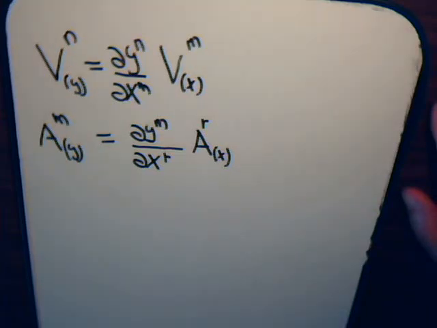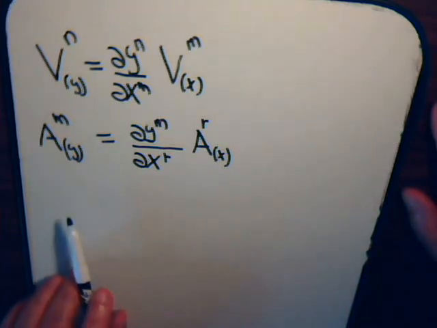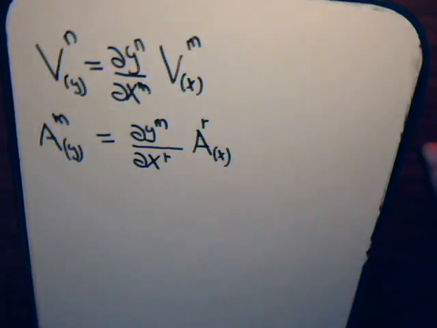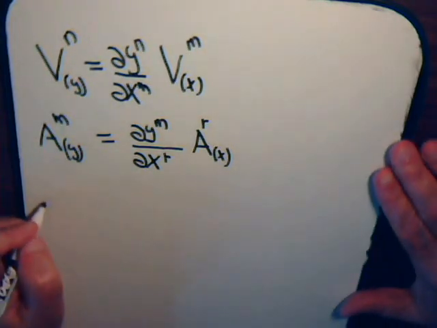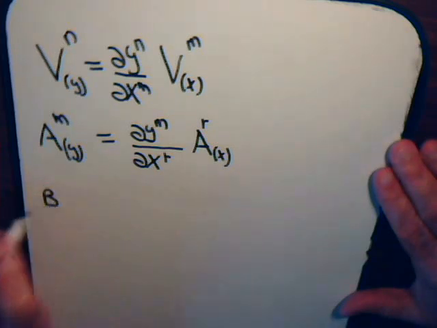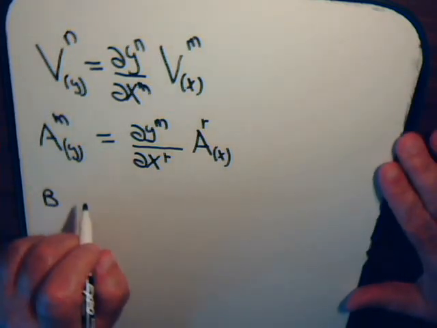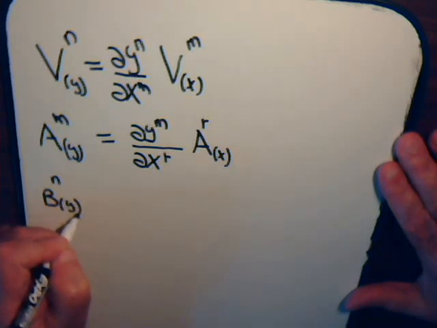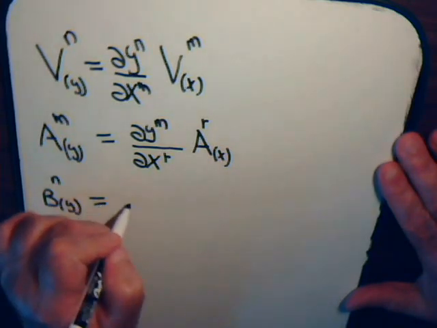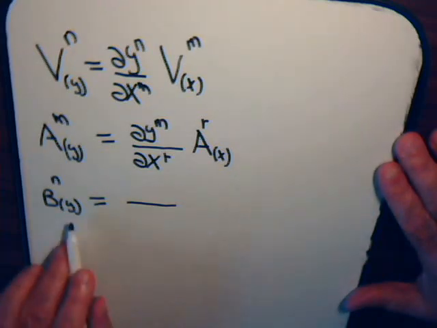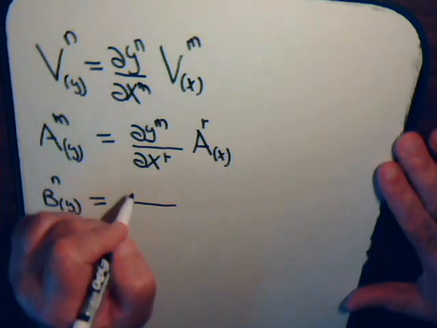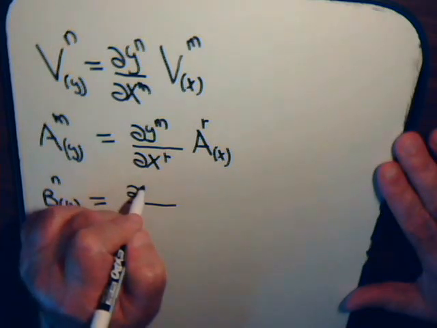So a general expression then for our contravariant vector could be like this, and then we could have another contravariant vector. Let's say we'll call this n. We're in the y frame, and the component appears upstairs, so this has to be in the numerator.